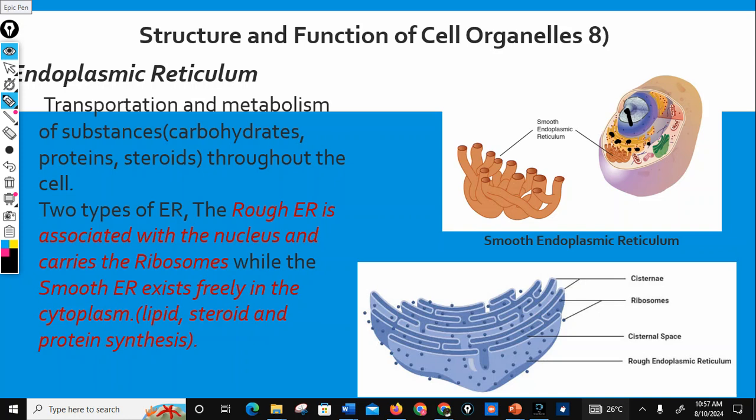So the rough ER is associated with the nucleus and carries the ribosome, while the smooth ER exists freely in the cytoplasm. The theory I was talking to you about is such that the rough ER, after losing its ribosome, will become the smooth ER, and then the smooth ER, after growing to a particular stage, forms and becomes the Golgi apparatus.